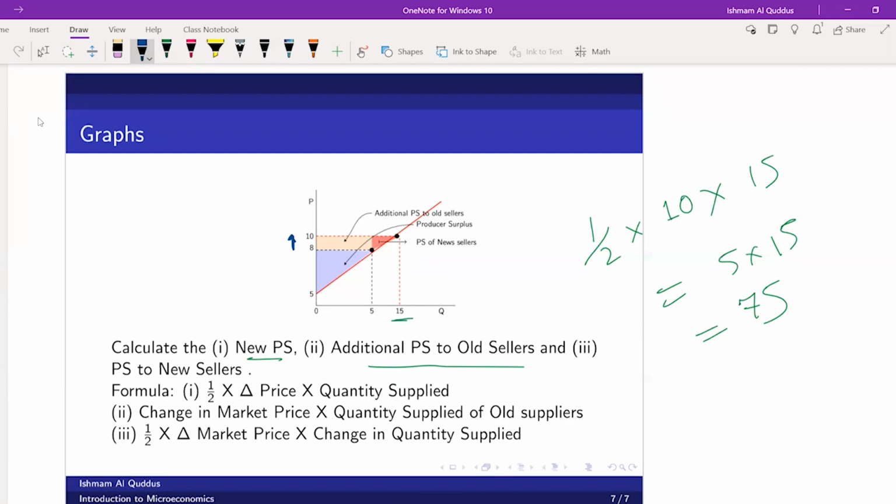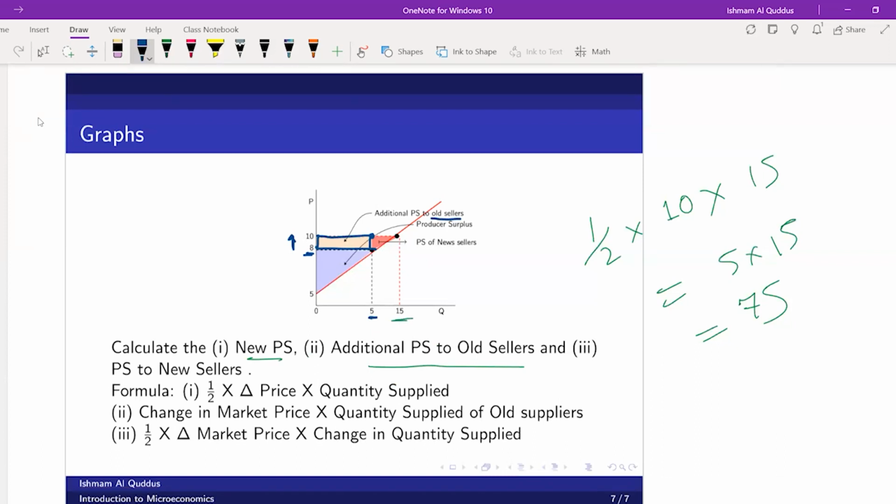When the price was at 8 taka, they used to sell 5 units of their goods. Now they can sell the same amount of goods at 10 taka. So this will give you an additional producer surplus. This rectangular area gives you the additional producer surplus to the old sellers.